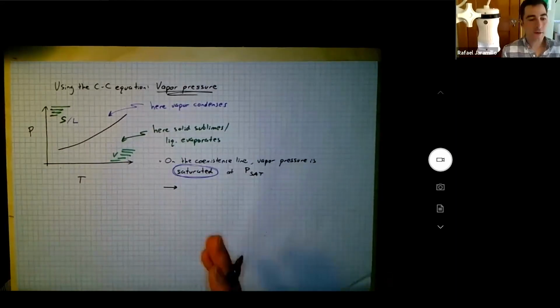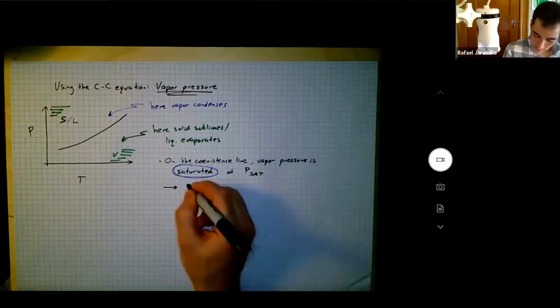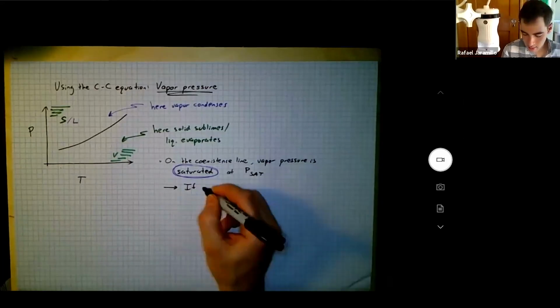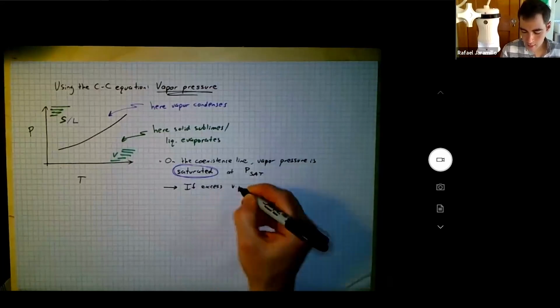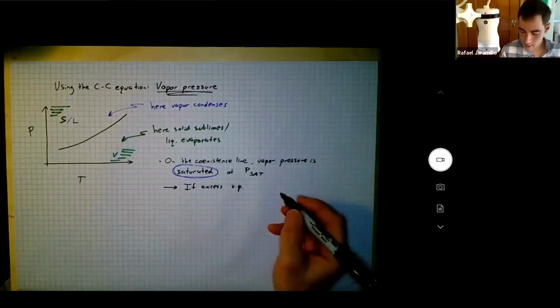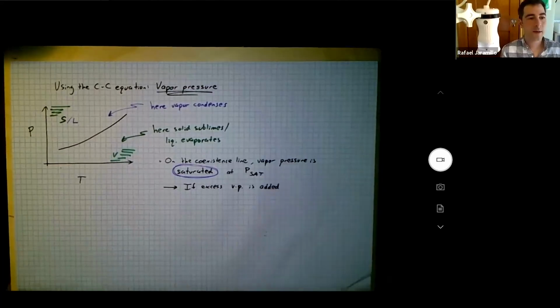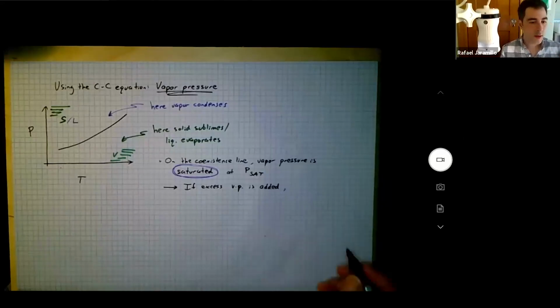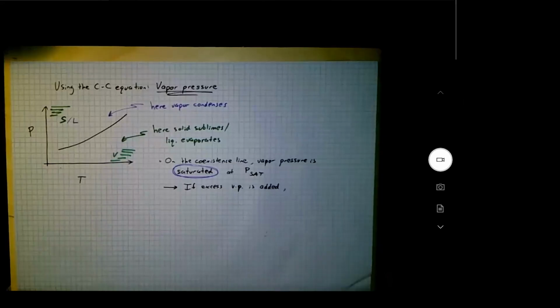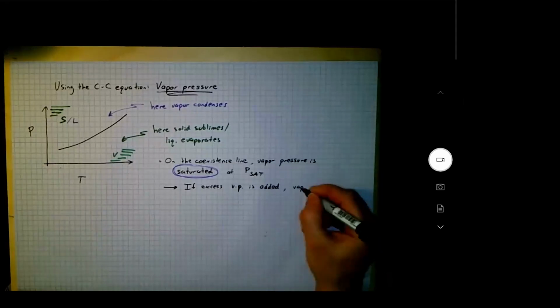we're on the curve. Let's say if excess vapor pressure is added, what will happen? Imagine you have a system, you have these two phases in a box, and you turn up the vapor pressure. What will spontaneously happen? The vapor will condense to decrease the vapor pressure.